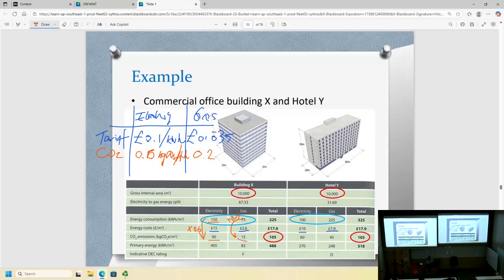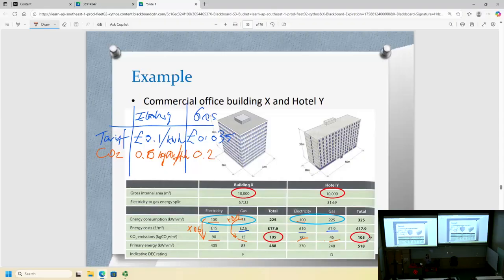For hotel Y, same: energy consumption multiplied by the emission factors, so we have the carbon emissions from electricity and the carbon emissions from natural gas consumption. By using these calculations, we can find the total carbon dioxide emissions: for building X, 105, and for hotel Y, also 105.